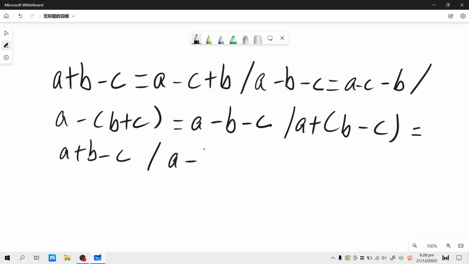A minus bracket B minus C equals A minus B plus C.